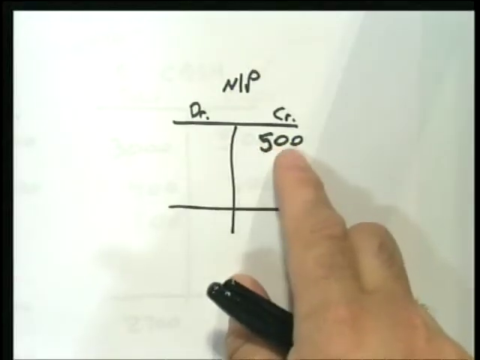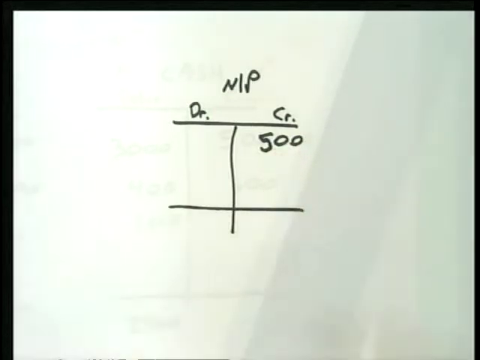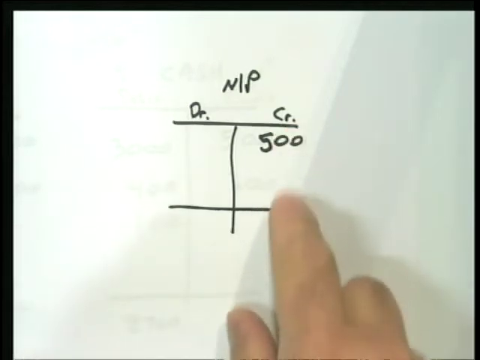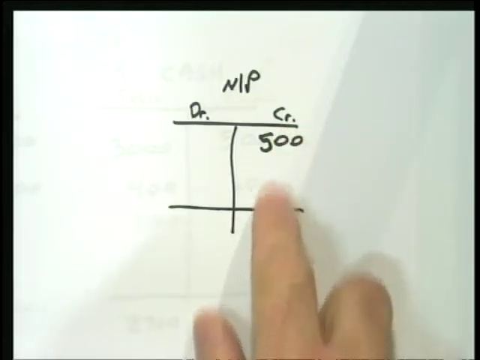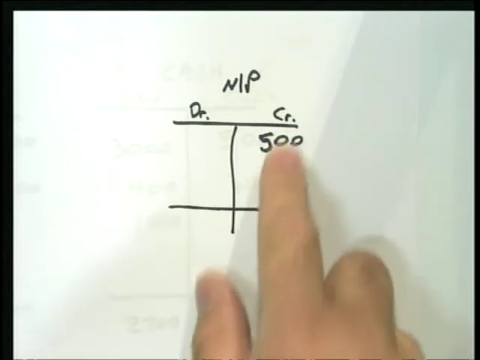A couple of things I want to say as well. When I wrote that 500 in the credit column, that is called crediting the account. When you write a number on the right side or the credit side of a T account, that is called crediting an account.